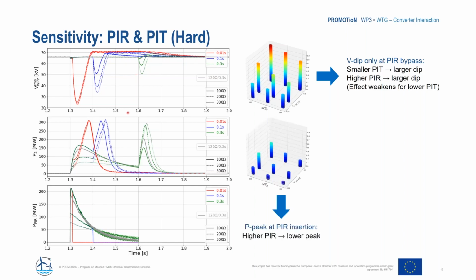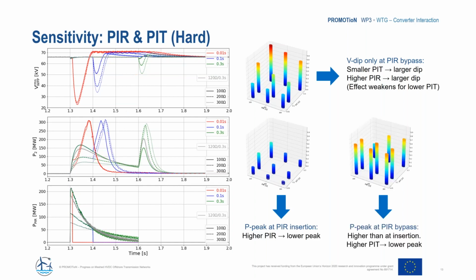Also associated with the PIR insertion and bypass, there are peaks. The PIR insertion peak can be reduced with a higher value of PIR, and to reduce the peaks at the PIR bypass, a larger PIT or larger time can be used, which would lead to a smaller peak.